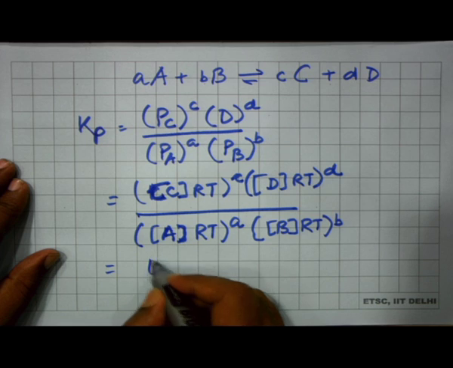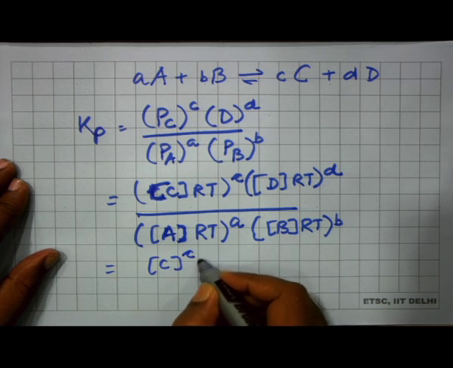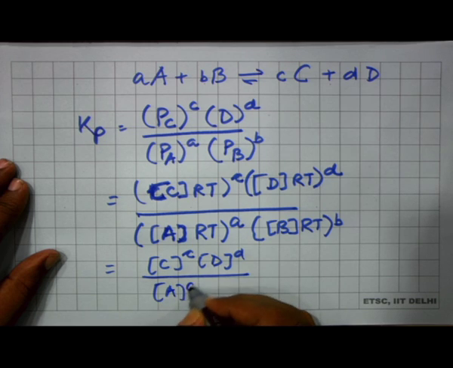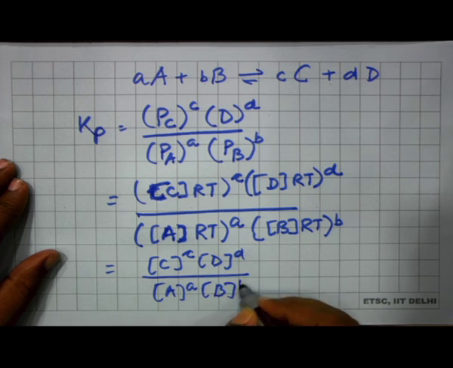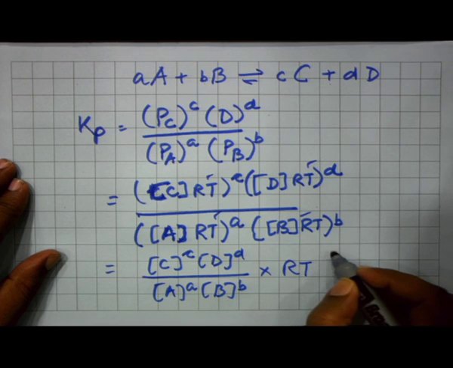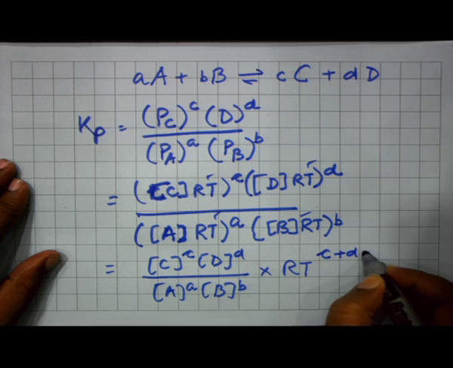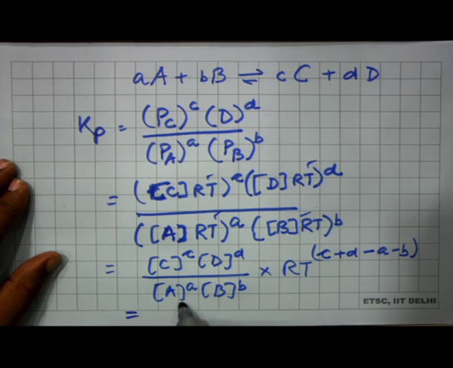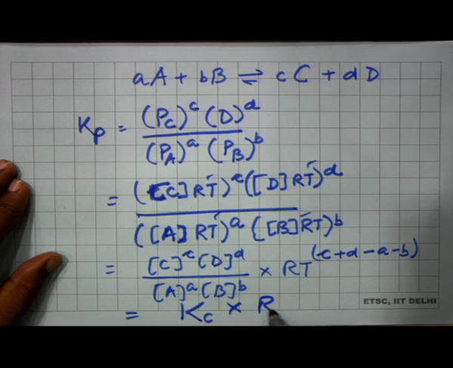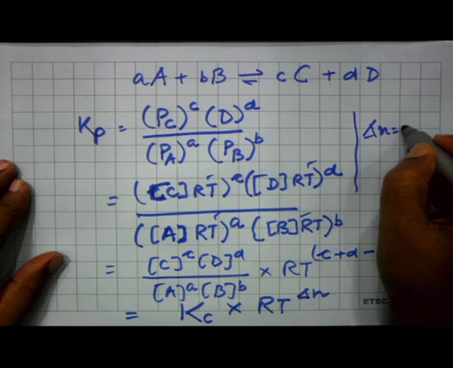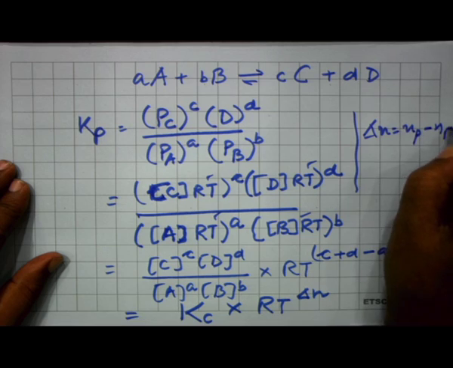Now, we can simply write C power c into D power d divided by A power a into B power b. What is left is RT power (c plus d minus a minus b), or we can simply write Kc into RT power delta n, where delta n is n of product minus n of reactant.